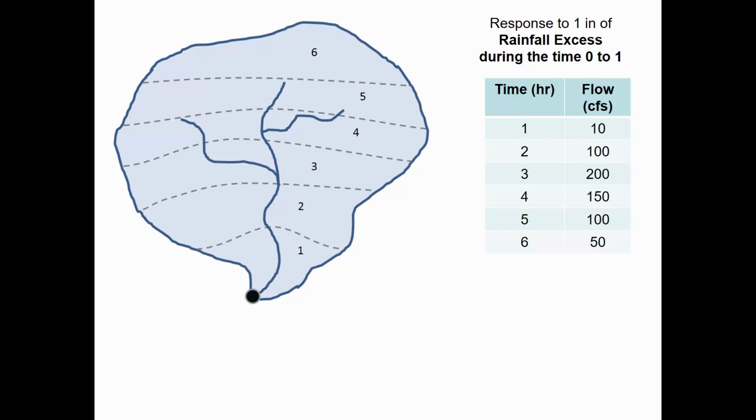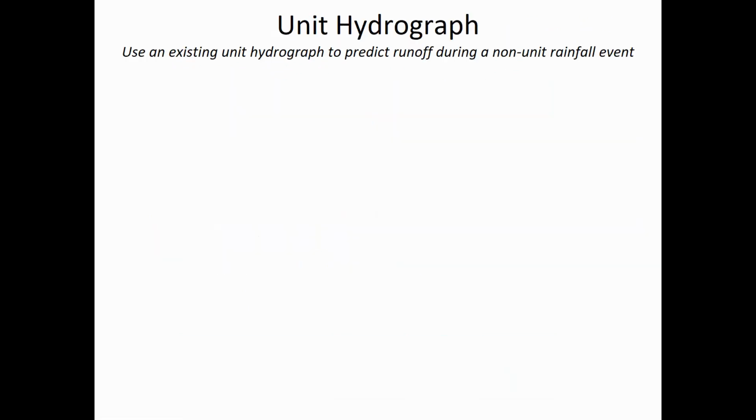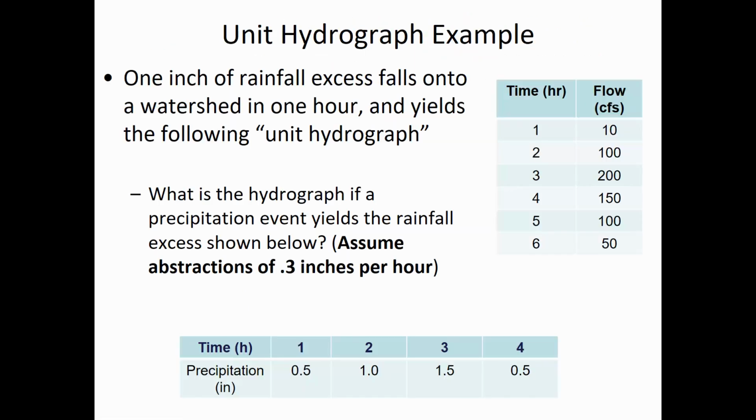So I think in the homework assignment you have a problem where you have to do the same kind of unit hydrograph thing. But that assumes that the rain from the first hour in the first section is all... Mm-hmm. Yep.